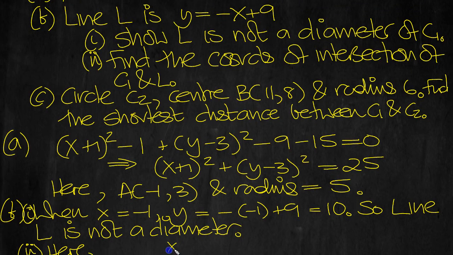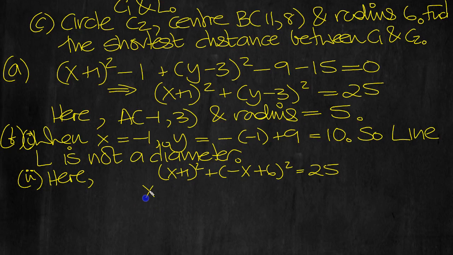So we've got x plus 1 squared, and then y minus 3, so it's minus x plus 9 minus 3. Plus 9 minus 3 is plus 6, squared, equals 25. So let's just expand that then.